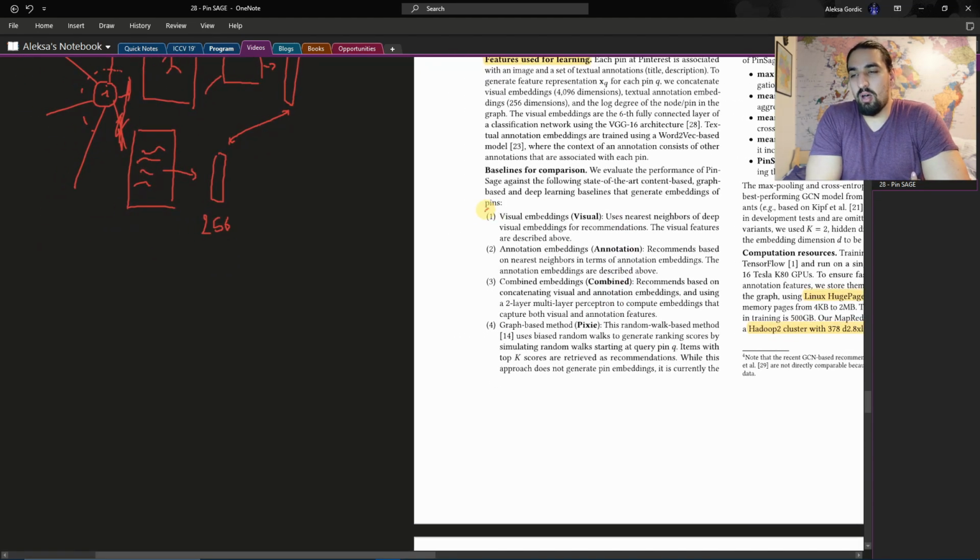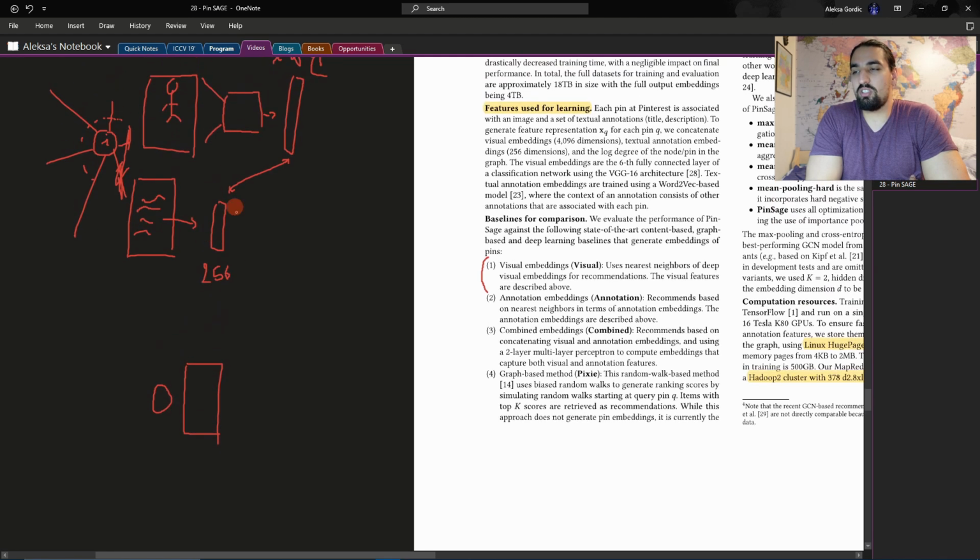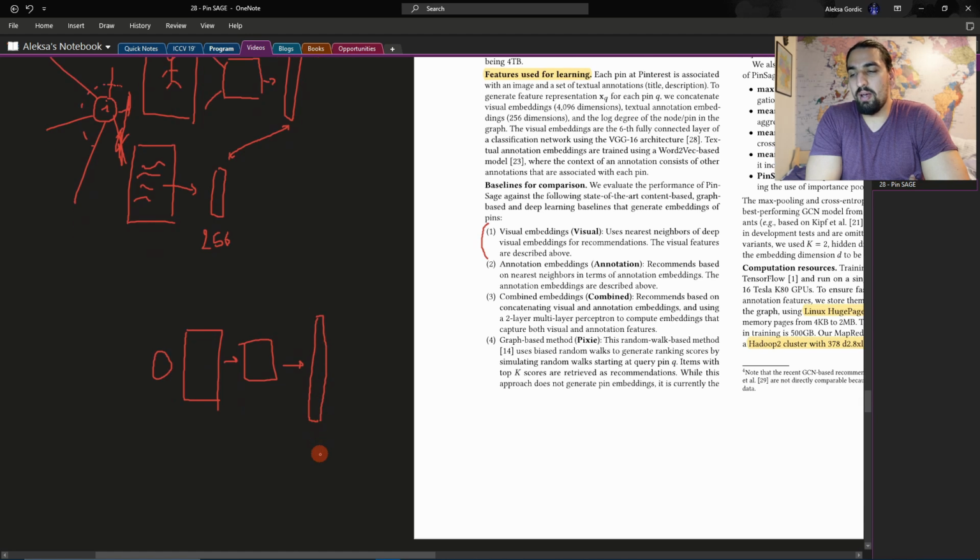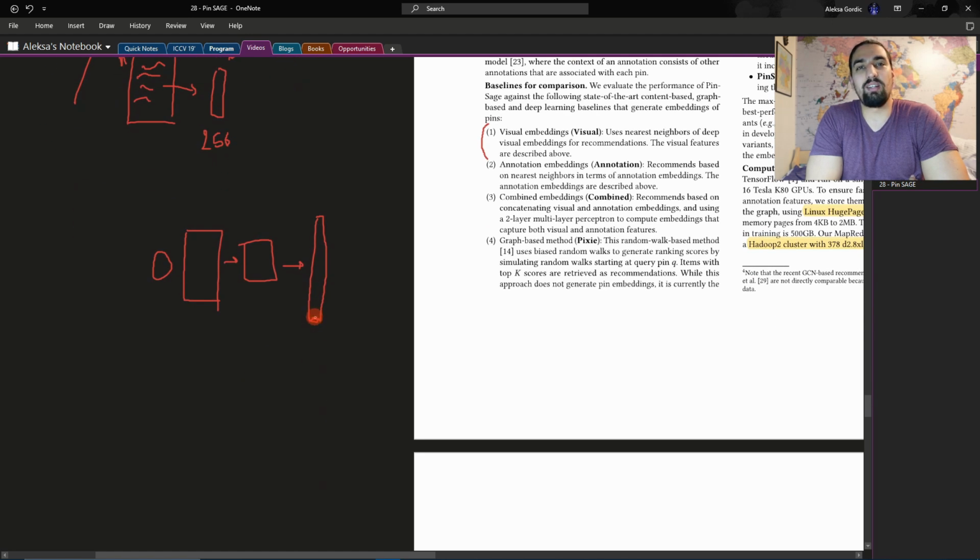We have this visual baseline, which basically does the following. For every single pin, it just takes the image that's associated with that pin and does the same thing as PinSage. It just passes it through a VGG network, takes out those features from a certain fully connected layer, and uses that directly as the final embedding.